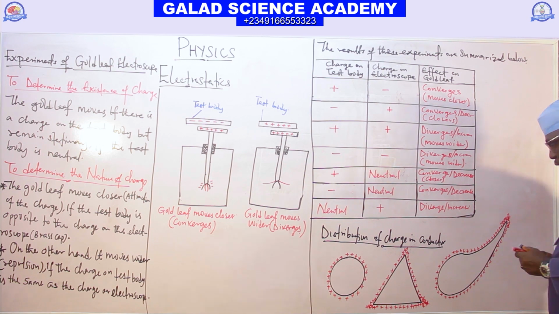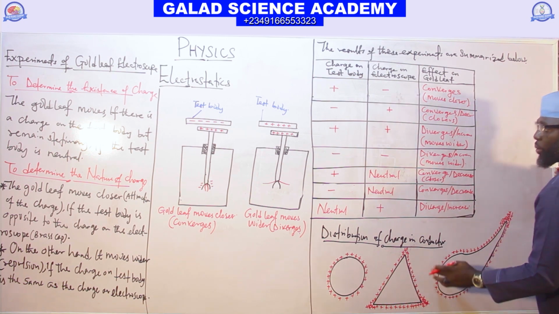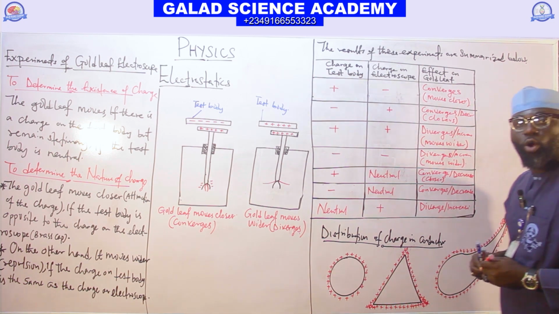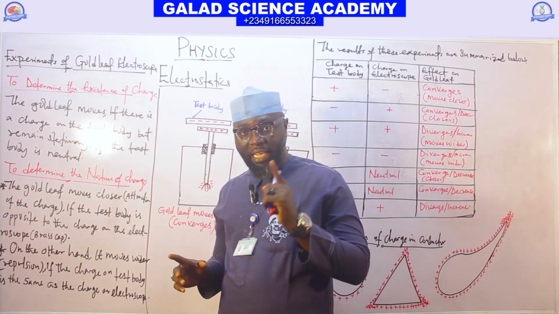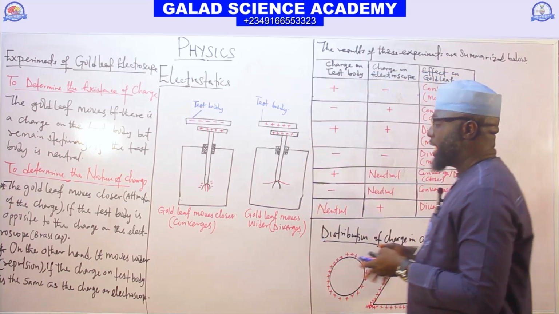So in this shape, you can see that this side contains more charge density. Likewise, in this triangle. That is what we call charge distribution.